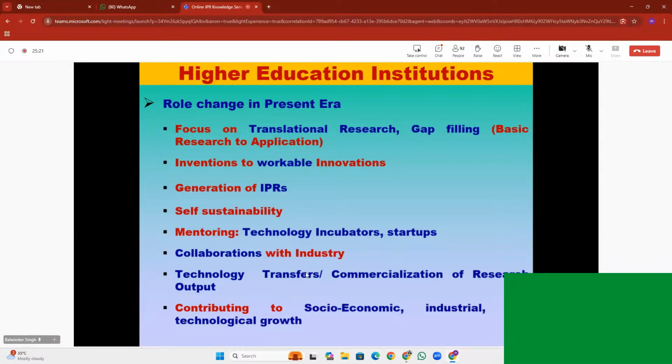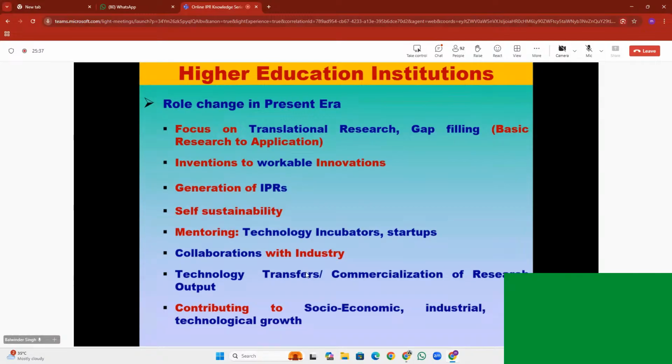That's why the government has started many initiatives such as Make in India and Startup India to facilitate these efforts.